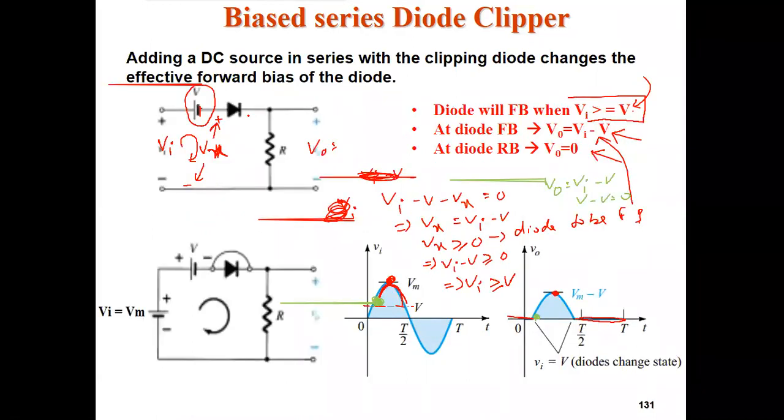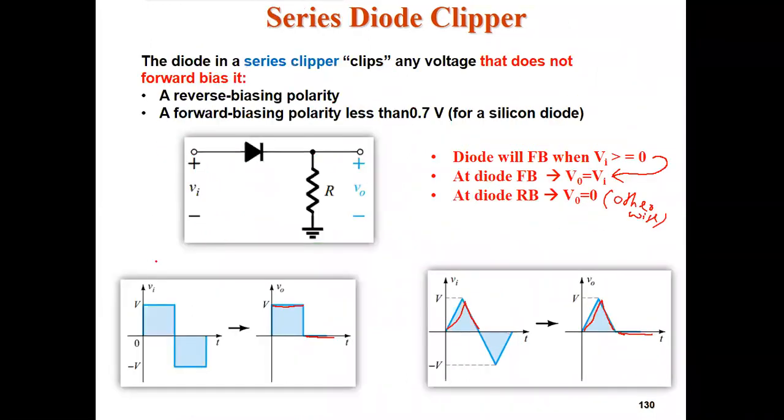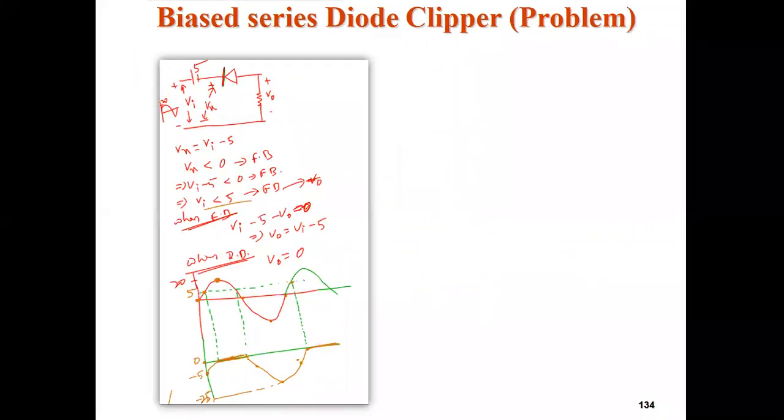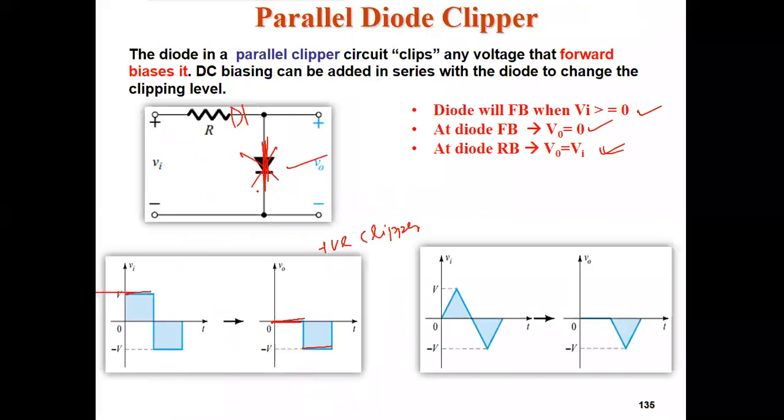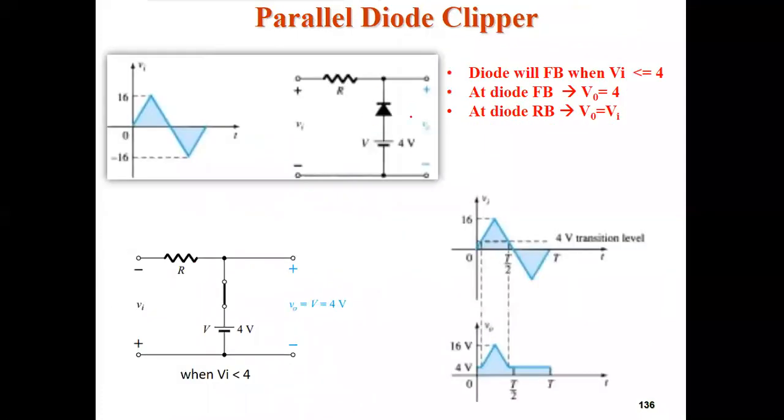Here also, look at the first one, the negative half cycles are clipped. So if the diode is at the top, it is called a negative clipper, and if the diode is on the right side, then it is a positive clipper.